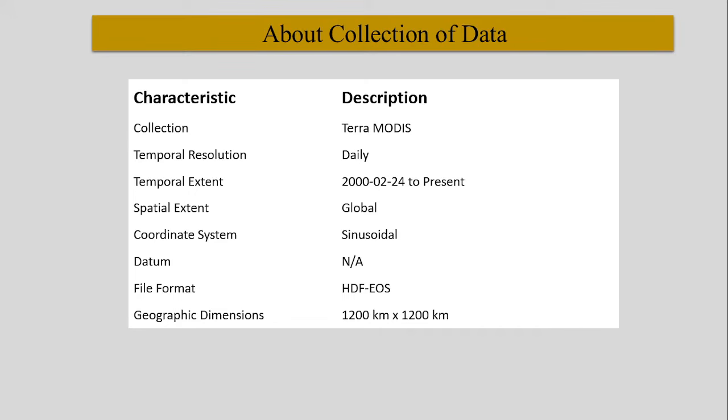The temporal extent is that the data is provided from 24th February 2022 to the present date. The spatial extent is global, and the coordinate system used is sinusoidal. No datum is used, and the file format of the raw data is HDF or EOS. The geographic dimension of the data is 1200 kilometer by 1200 kilometer.